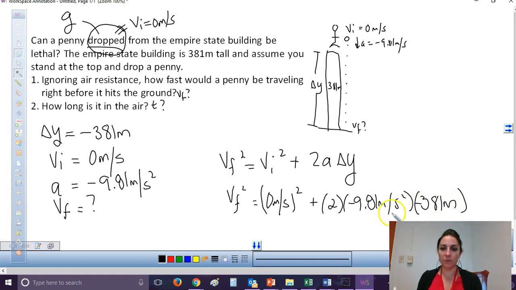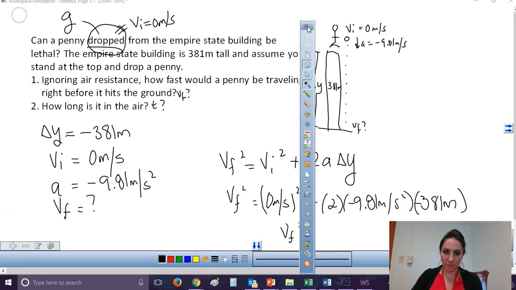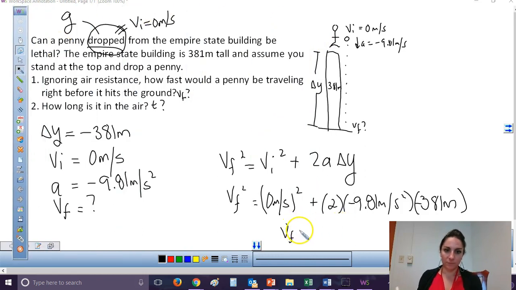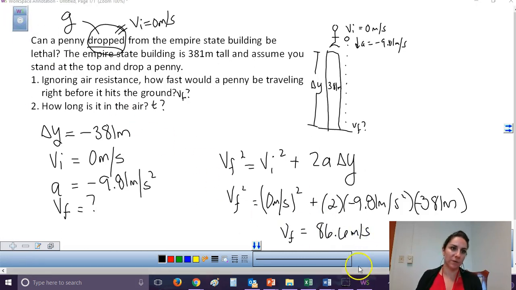Now this is very important. If you don't follow signs, you're not going to model the situation. So when you solve this out, because I've done this a couple times, you get about 86.6 meters per second when you solve it out mathematically. This is the magnitude of this speed.